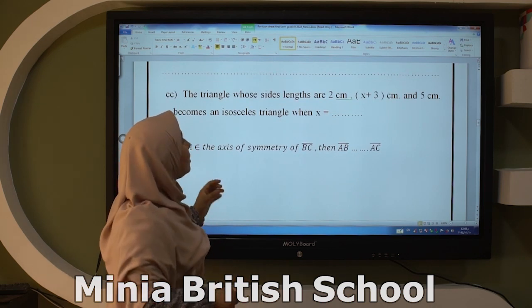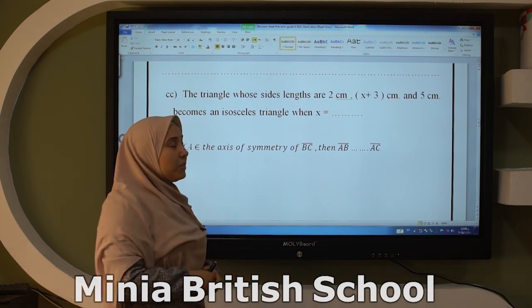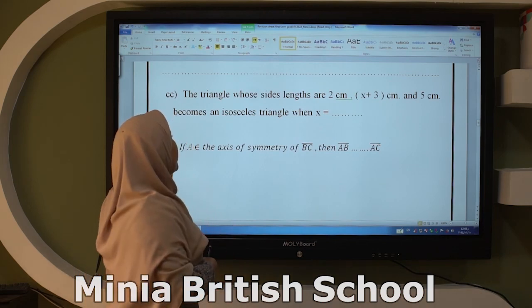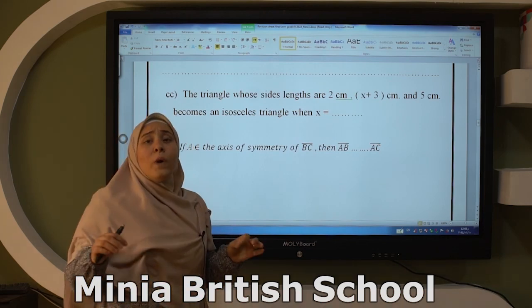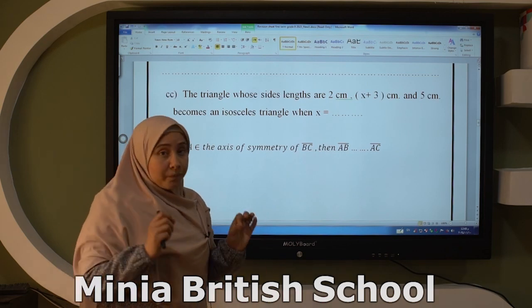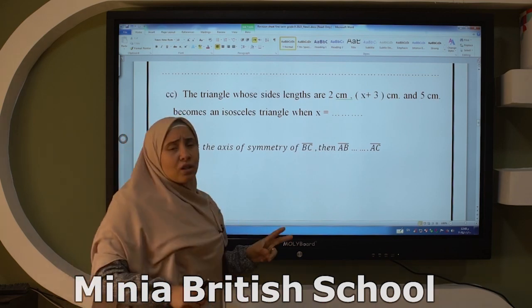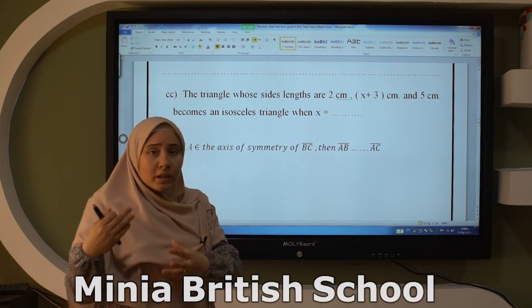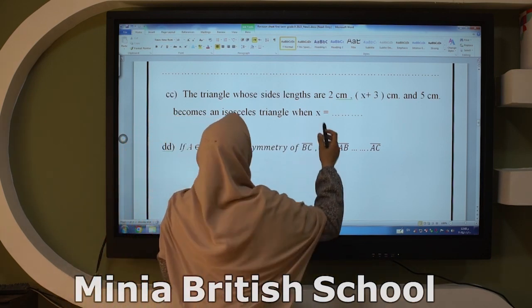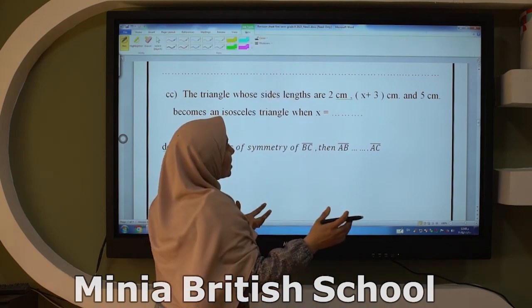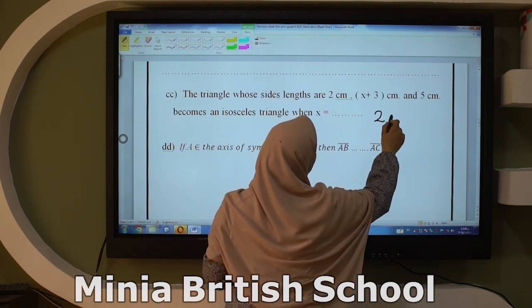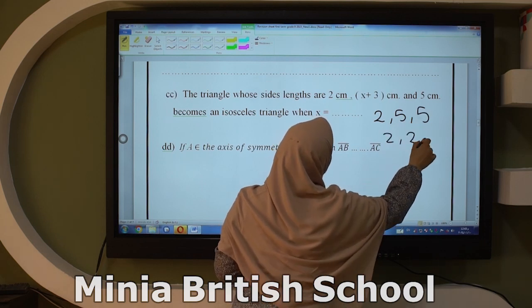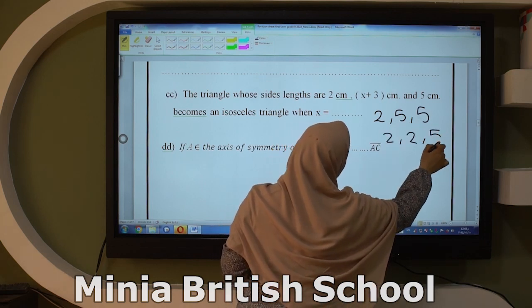Okay, the triangle whose side lengths are 2 centimeters, x plus 3, and 5 centimeters becomes an isosceles triangle when x equals what? We know an isosceles triangle must have two sides equal in length. Then maybe the sides are 2, 5 and 5, or 2, 2 and 5.